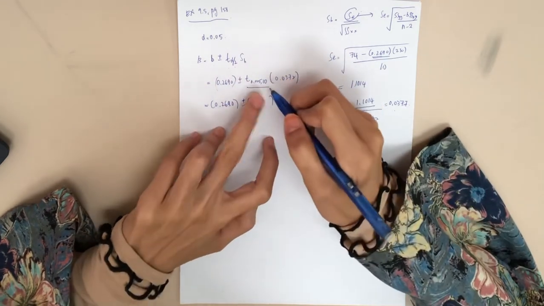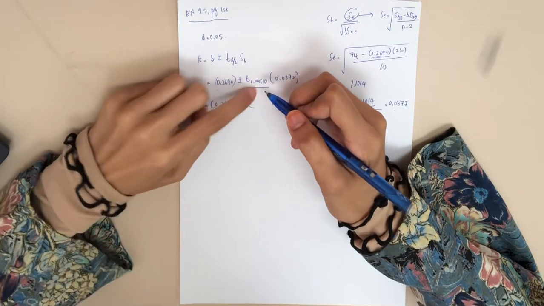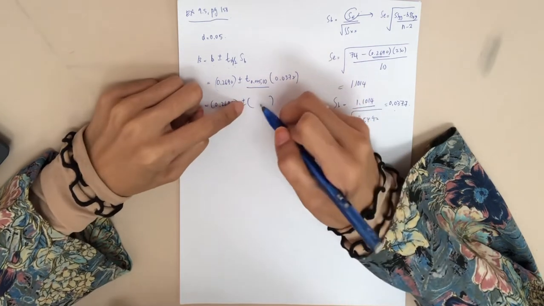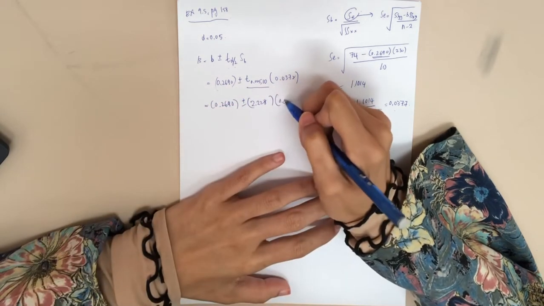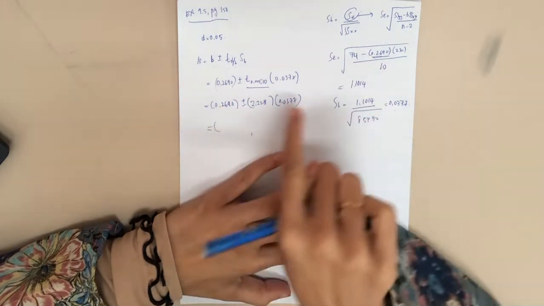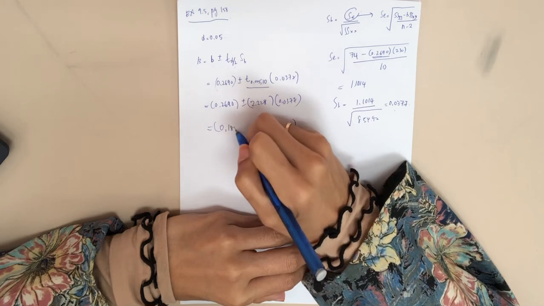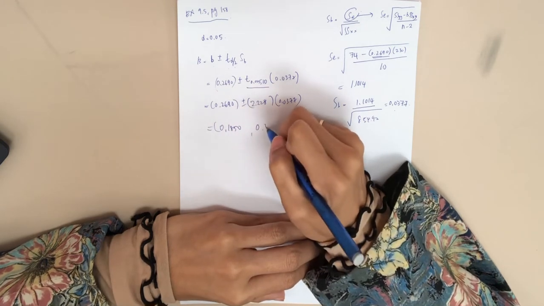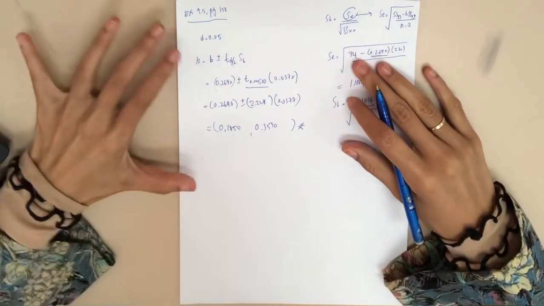For this one you need to look at your t table: 0.025 and the degree of freedom 10, so you should get 2.228. So we solve this. The answer that you should get here is 0.1850 and 0.3530. So this is the answer.